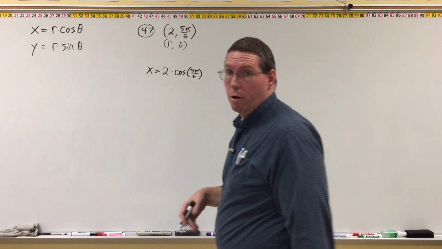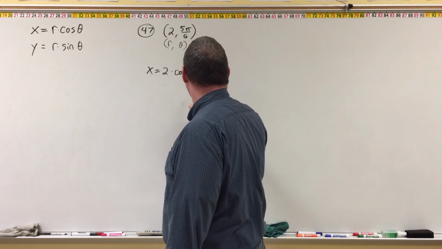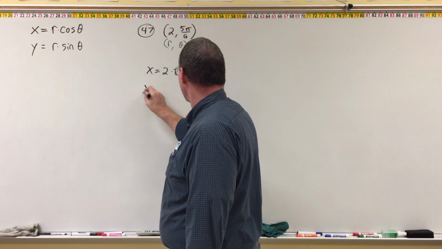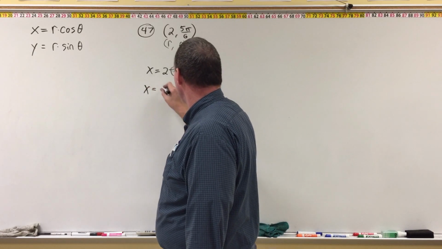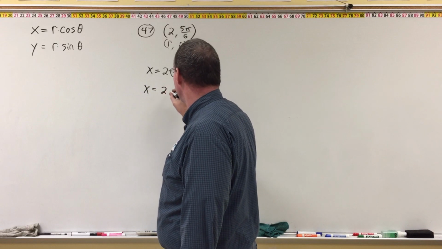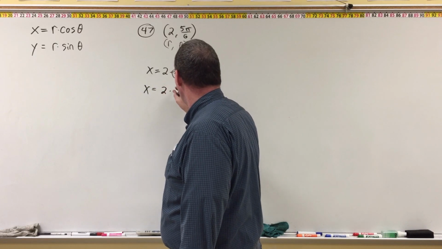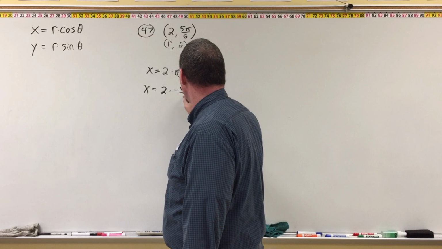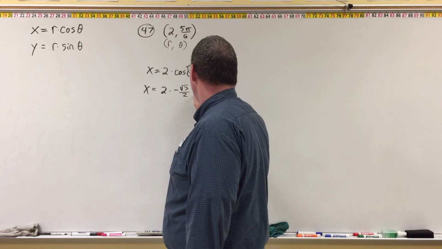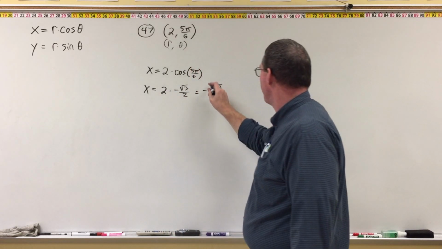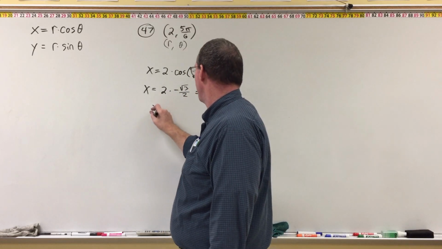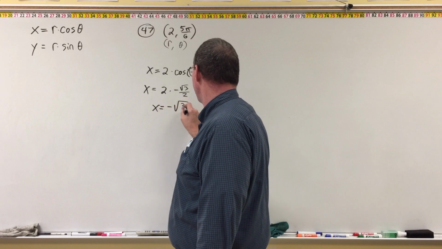Looking at a unit circle, cosine of 5 pi over 6 is negative square root of 3 over 2. So this is going to be 2 times negative square root of 3 over 2, and that's negative 2 square root of 3 over 2, and therefore the 2's are going to cancel, and so our x coordinate is going to be negative square root of 3.